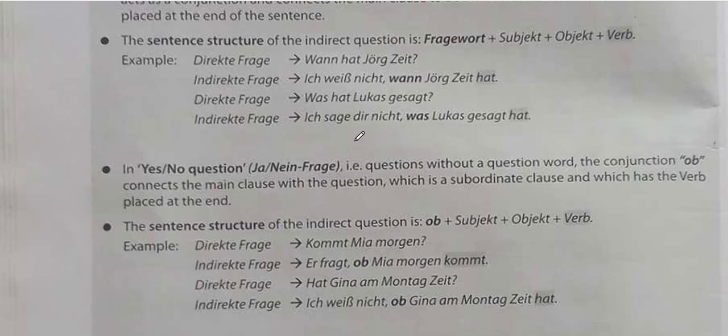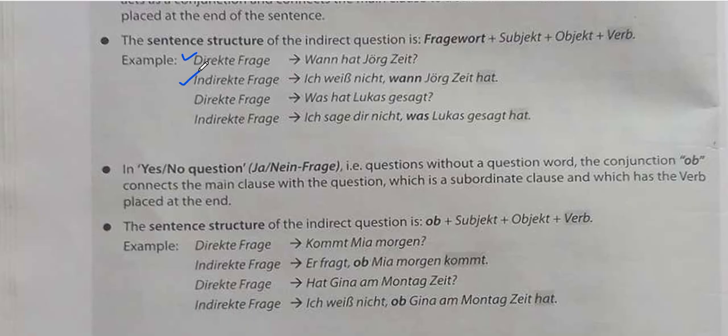For example, here they have already given us the direkte Frage: Wann hat Jörg Zeit? When does Jörg have time? What is happening here is indirect speech, a reporting, or reported speech as you call it in English.